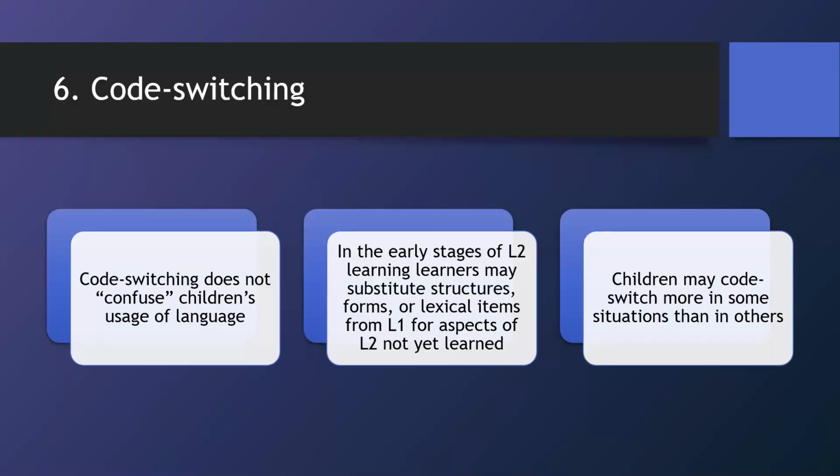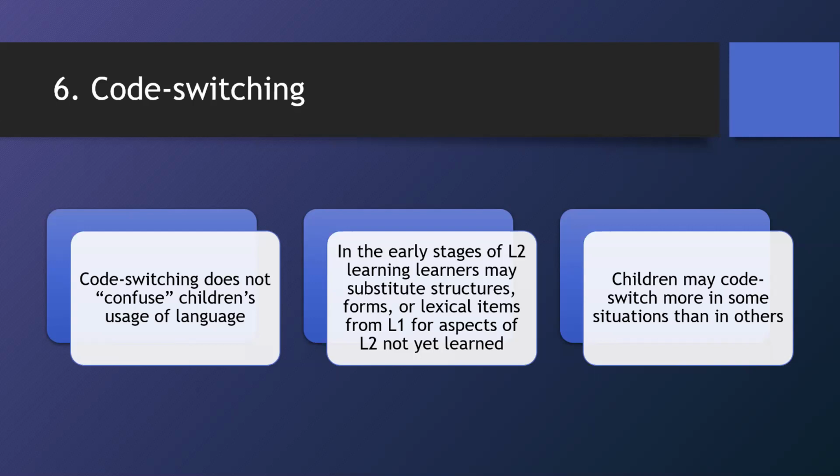So that leads us to our sixth point, which is talking about code switching. Code switching is when you can seamlessly move between one language and another language. We do this with dialects all the time.